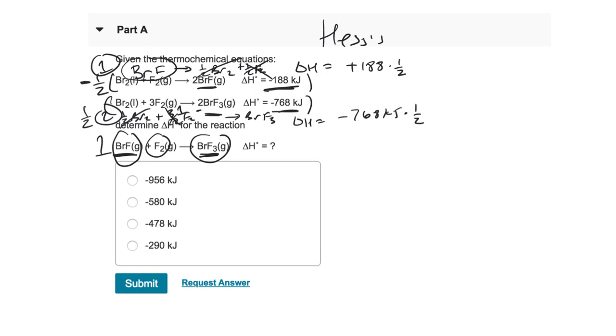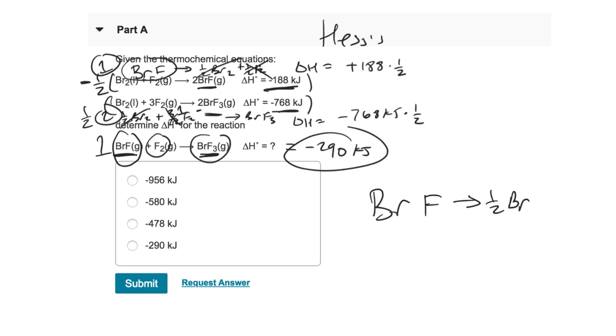So the first one was plus 188 times a half. And then the second one, I'm adding 768 negative times a half. And so this works out to be negative 290. If you need to, write these out bigger, so you can see what's going on more clearly if the small text is getting in the way.